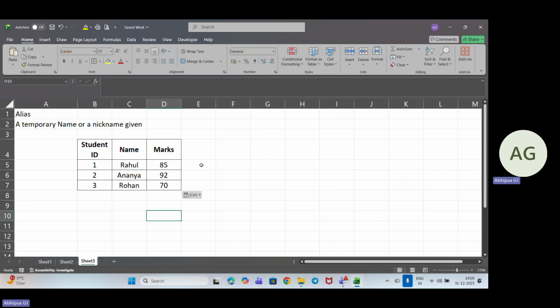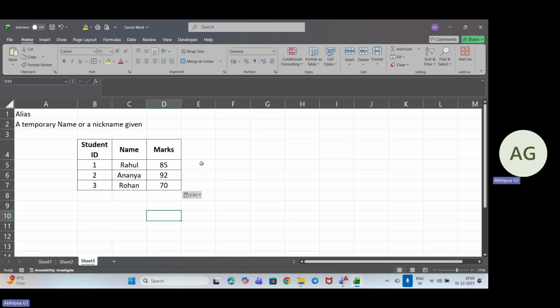Okay. So we have got the student ID, name and the marks. Now the common alias that we need to understand. What is a column alias? A column alias gives a new name to the column in the result.